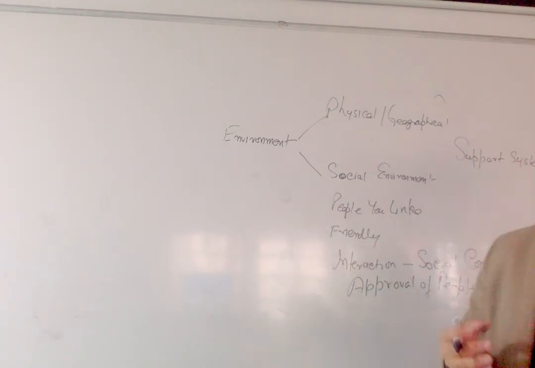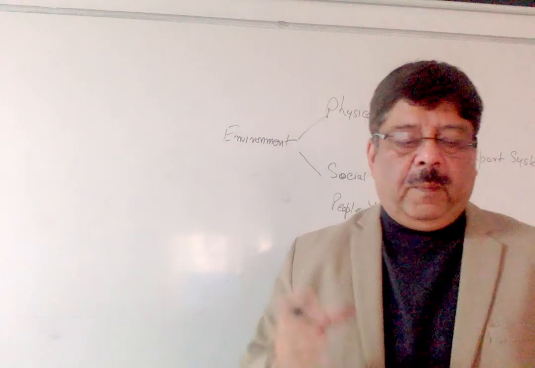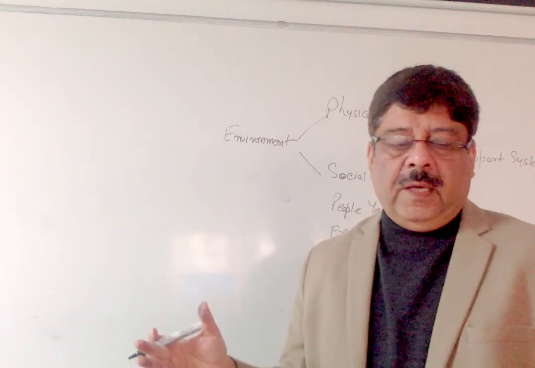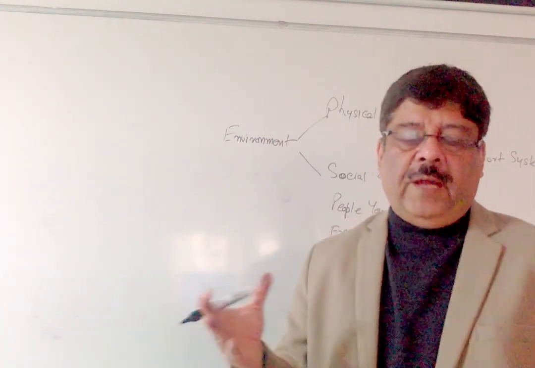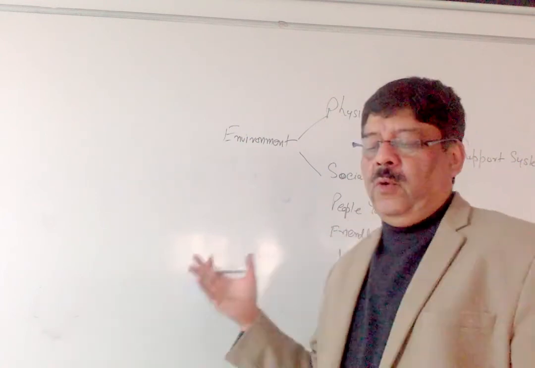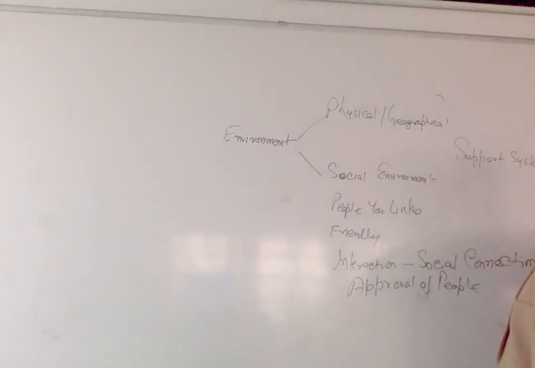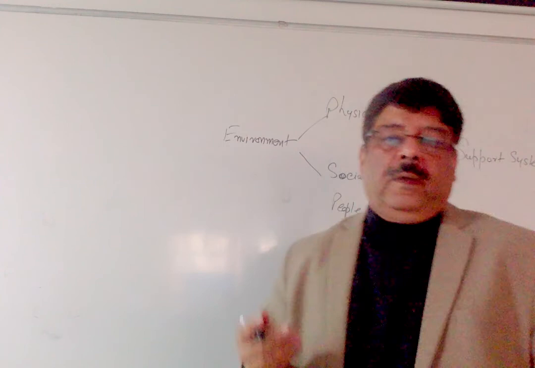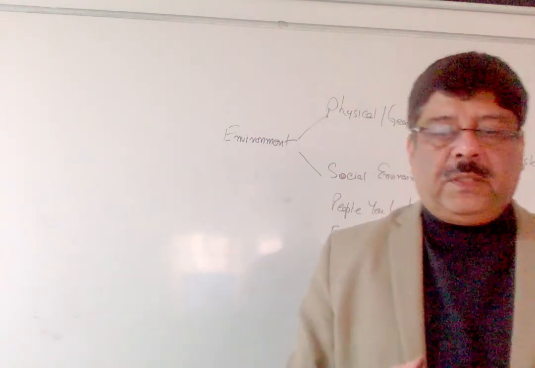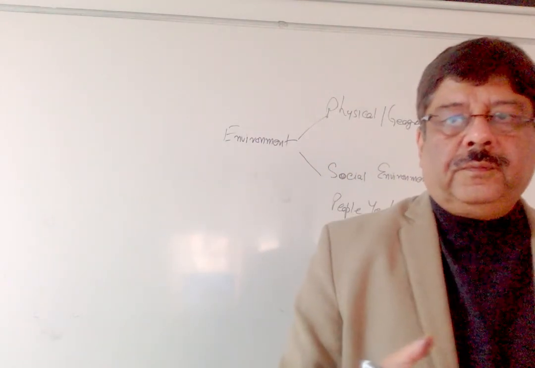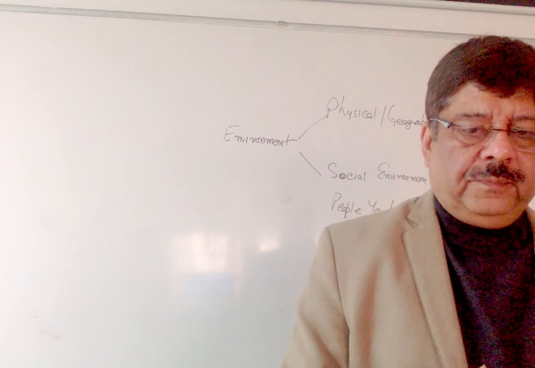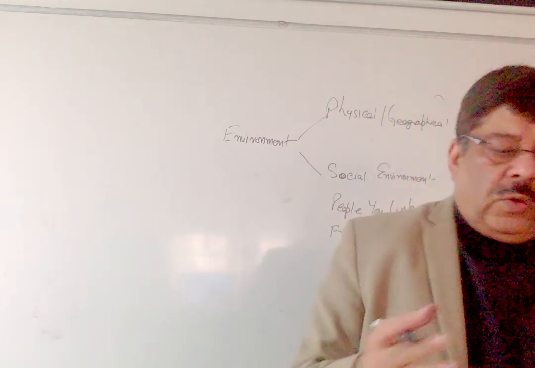Otherwise, when you are in a bad state, or at a low in your life or in your career, you may go into depression, isn't it? Suicidal tendencies can be there. Yes, sir. Okay.